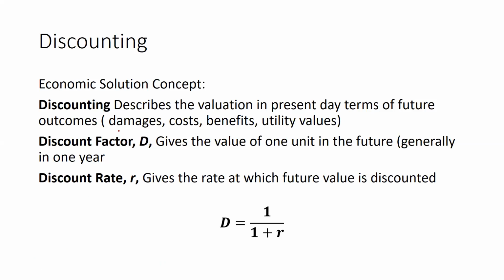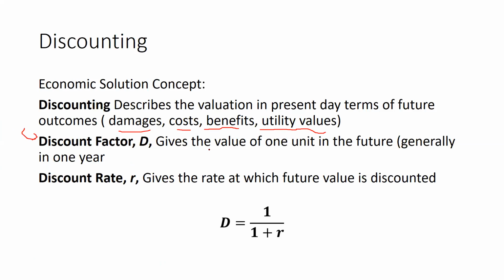Those outcomes can be damages, they can be costs, they can be benefits. Relevant to what we discuss in 201, they can be our utility values. And the way we describe these valuations in the future in present terms is with a discount factor.